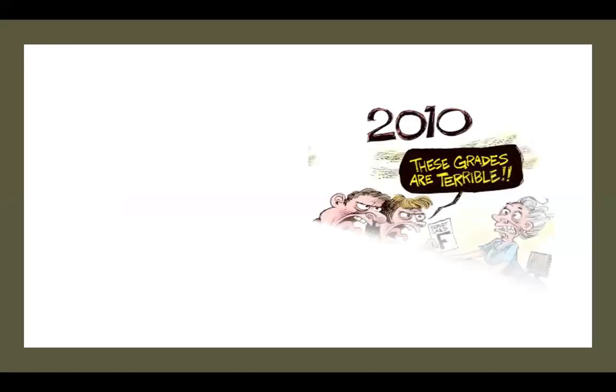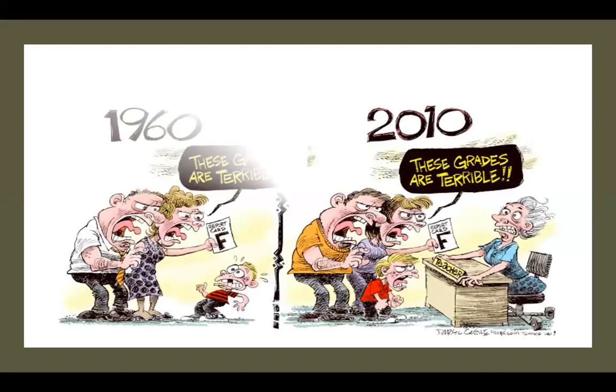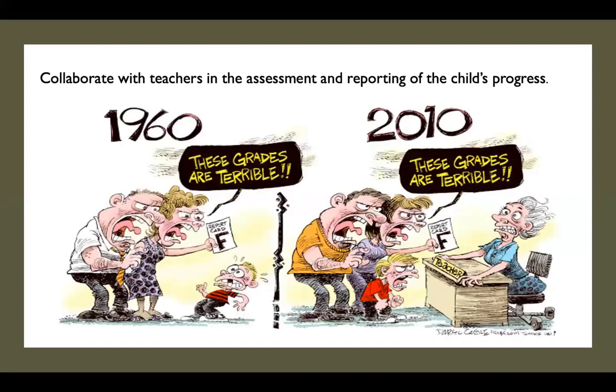So this is what we are talking about. We don't want to be parents who are not collaborating with the teachers. We want to look at the grade or the assessment as work that the child is able to do. This is a cartoon that for me explains how we need to collaborate with the teachers, okay?